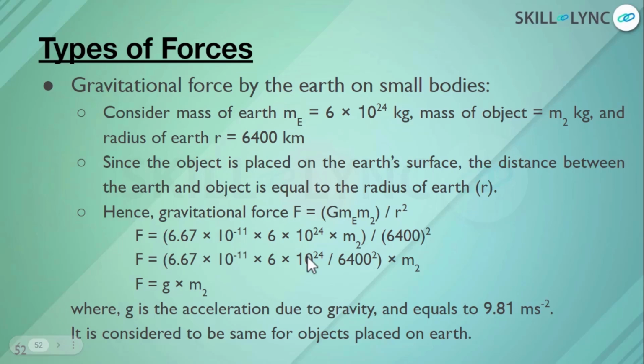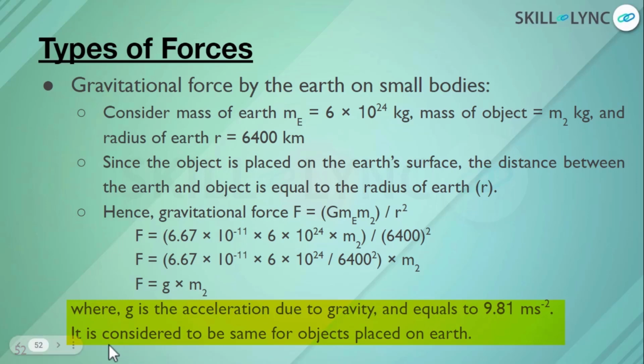Further, all these constants can be covered by a single letter called g. This is acceleration due to gravity. If we calculate these constants, we would get a number, 9.81. Here, g is acceleration due to gravity and would equal 9.81 meter per second square.